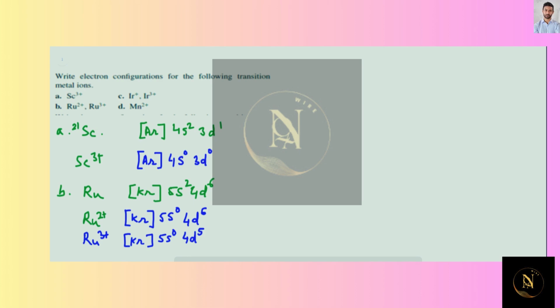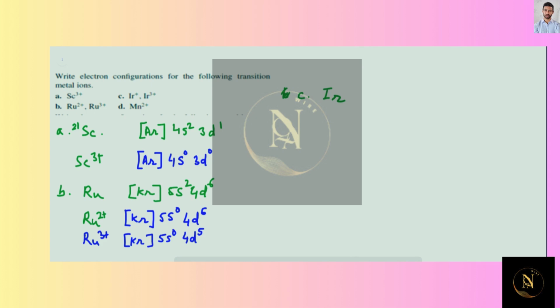After B, it should be C. C is Ir, that is iridium, which is present in group 9 and it is below cobalt and in the 6th period.